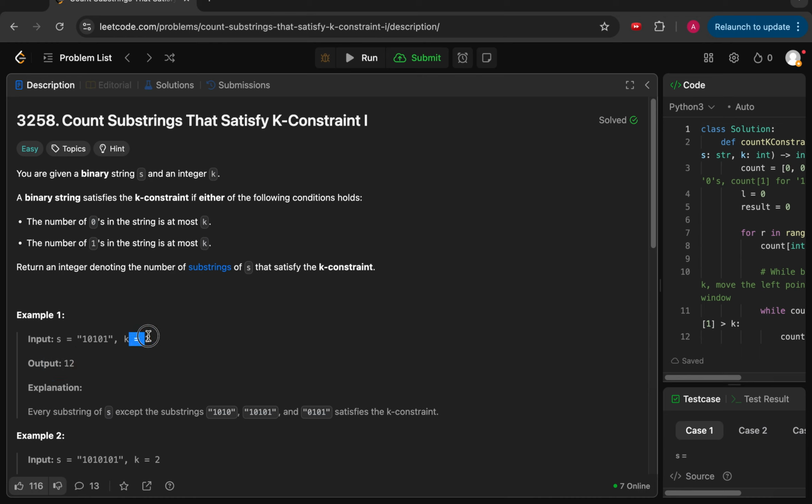When k equals 1, in this case, the number of zeros in the substring is at most k, or the number of ones is at most k.